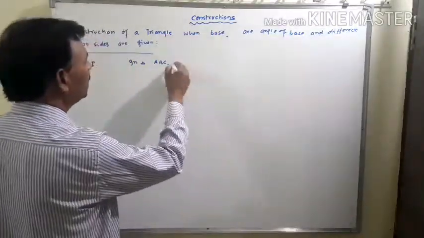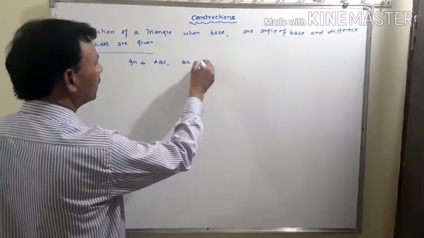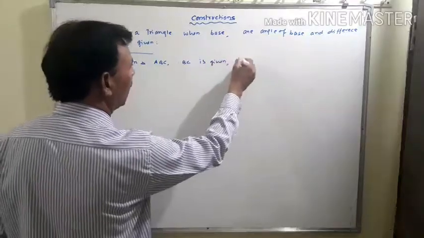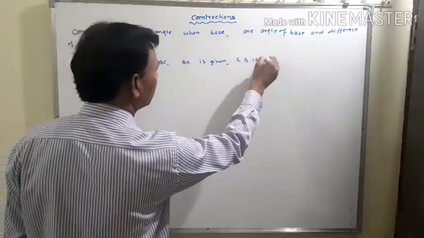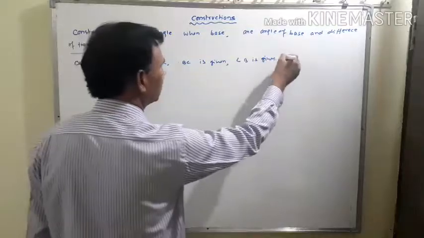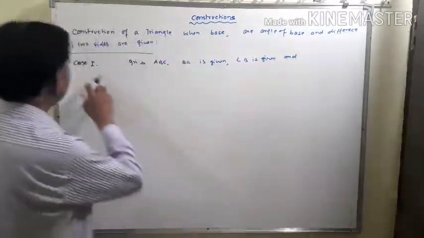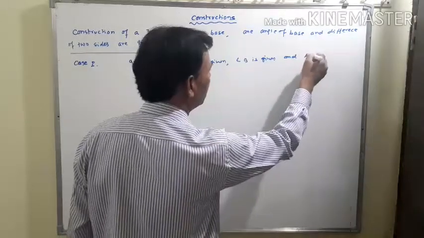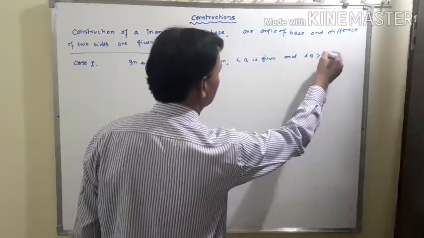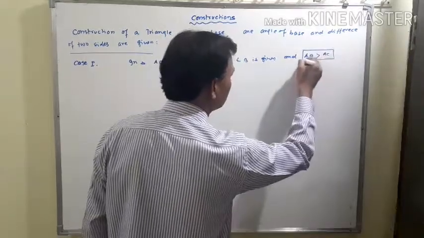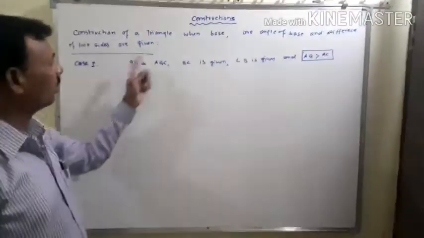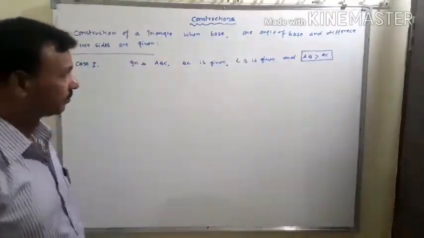Here, first BC is given, angle B is given, and an important point in this situation: if AB is greater than AC, you should concentrate on this point. Then how to construct the triangle?